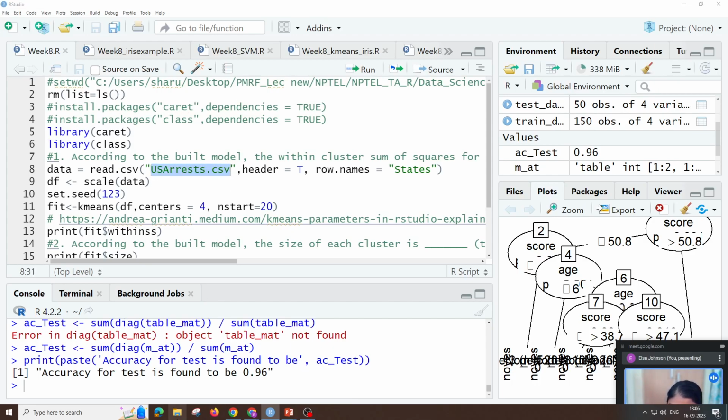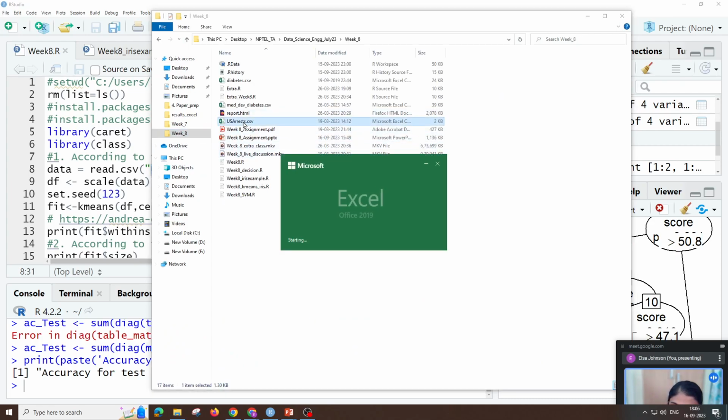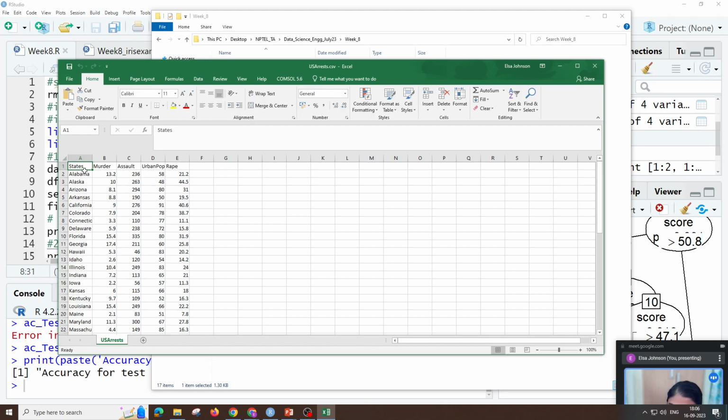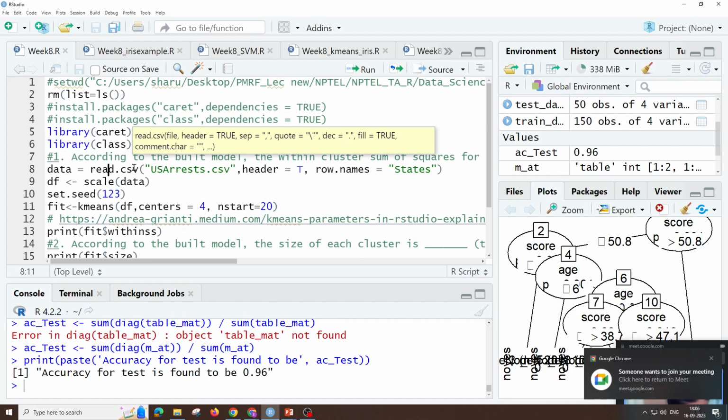I will show you the data set also. The data set looks like this: states, murder, assault, urban population and rape. Using that data set you have to do the necessary analysis.